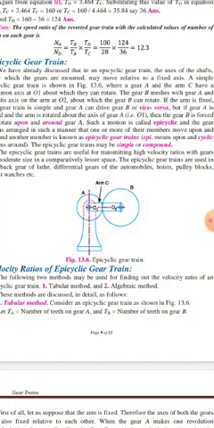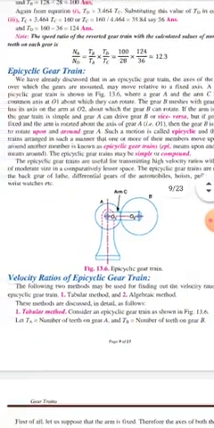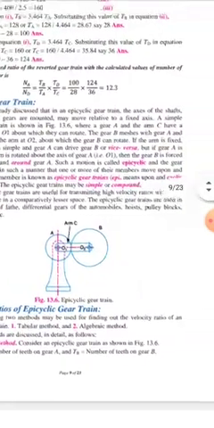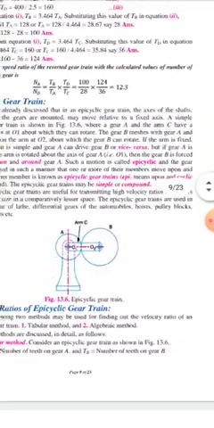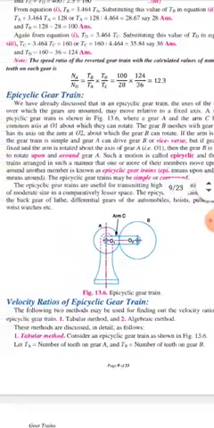If the arm C is fixed, then gear A and gear B will work just like a simple gear train, because they will move about their axes at their own positions. But if the arm is not fixed, and we fix only the gear A, then gear B can rotate about the gear A. This type of case will be called an epicyclic gear train.